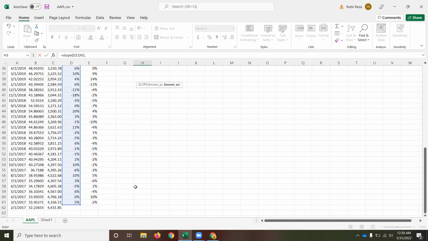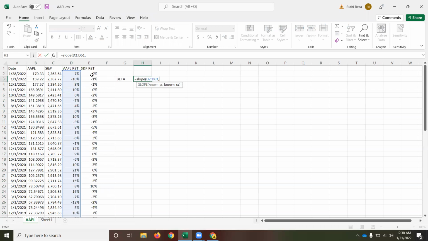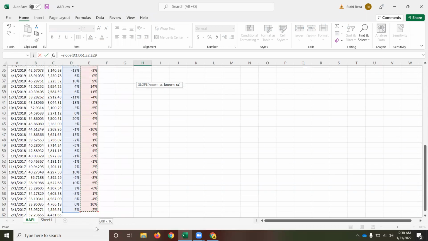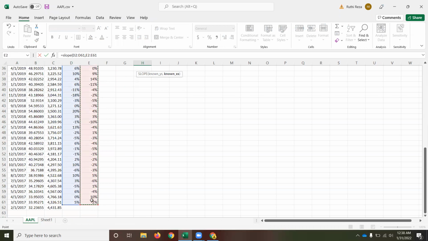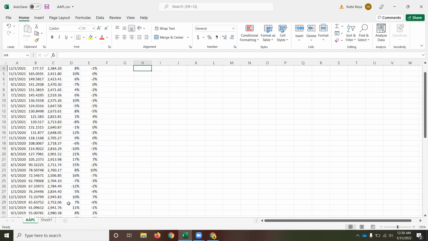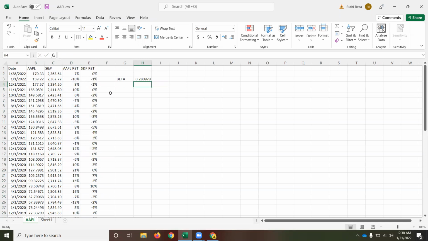Y values and then X values. So your X values will always be your market price return. Then hit enter. So here your beta is what? 0.28.